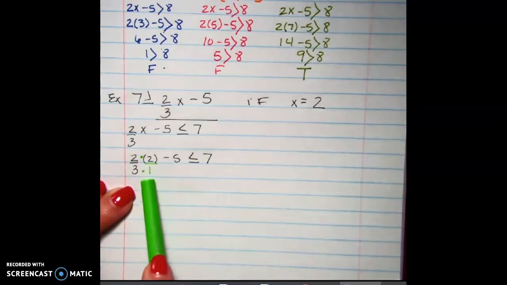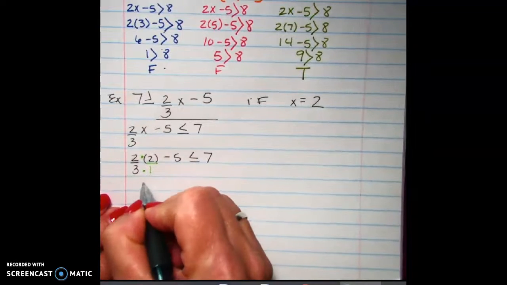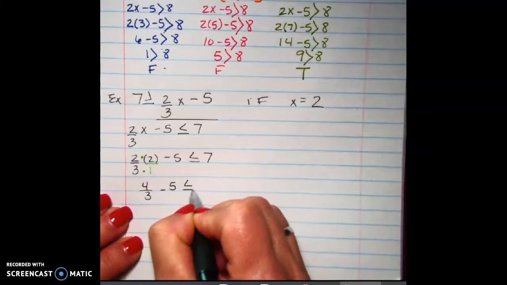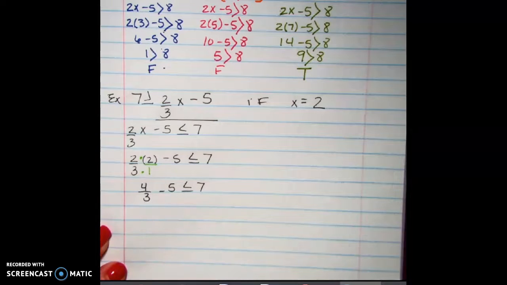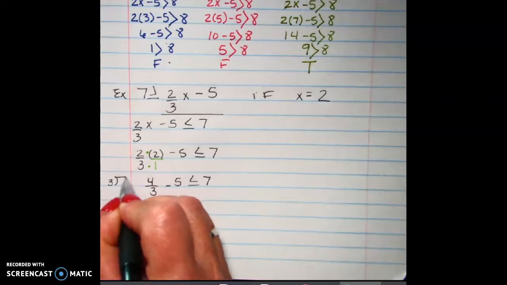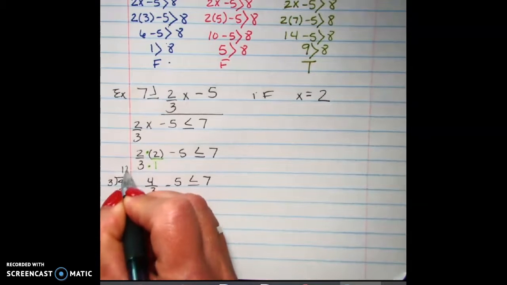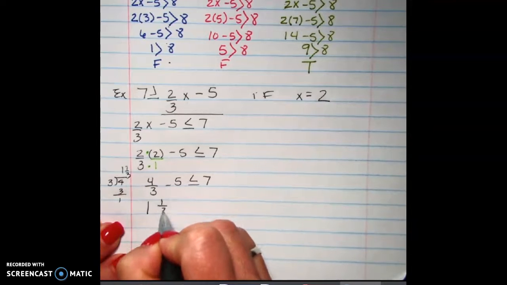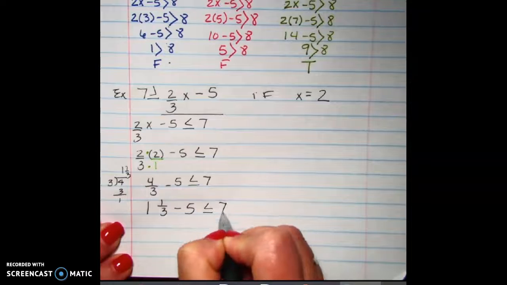The order of operations says I have to multiply before I subtract. So I end up with 4/3 minus 5 is less than or equal to 7. Well, I have to make this into a mixed number. And recall how we did that? We divide the denominator into the numerator. And I end up with 1 1/3 minus 5 is less than or equal to 7.